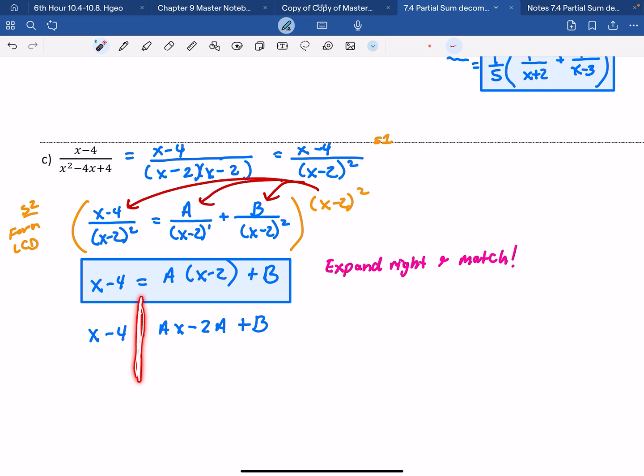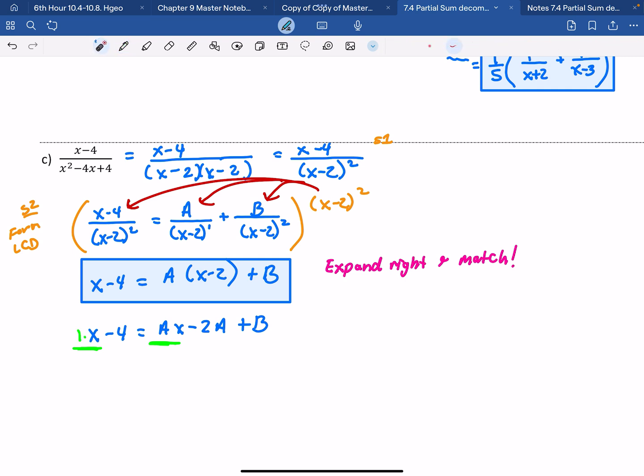All right, so what we're going to do is compare the terms that have an x in them with each other. I like to color code things. So this over here is the term that has x, and this term has x in it. What we know is that the coefficients must be the same because both sides of the equation are the same.